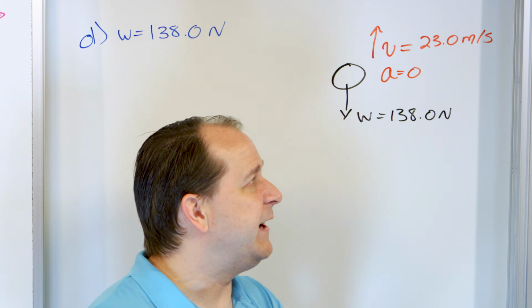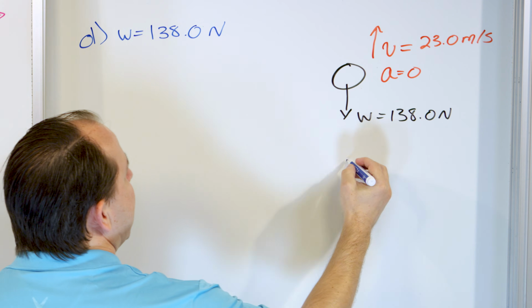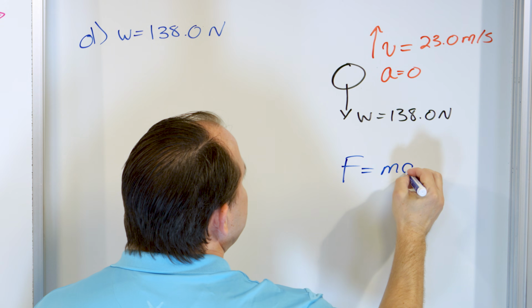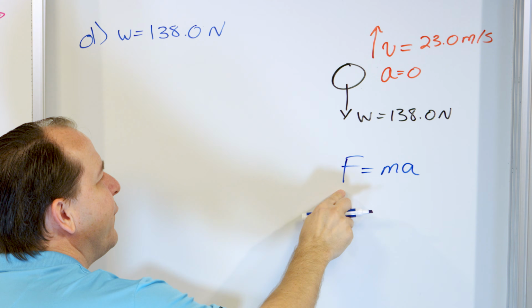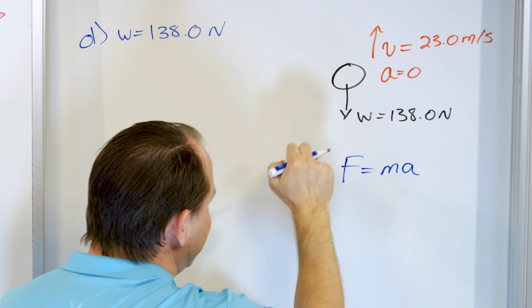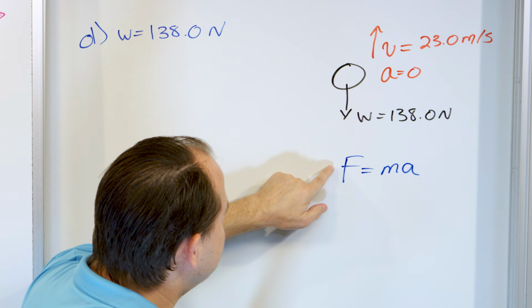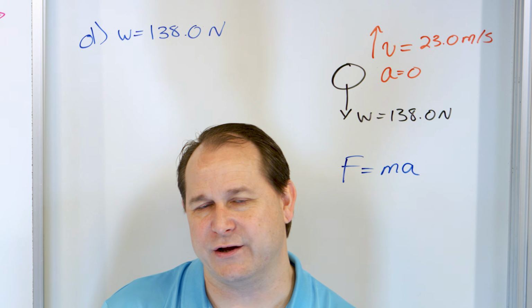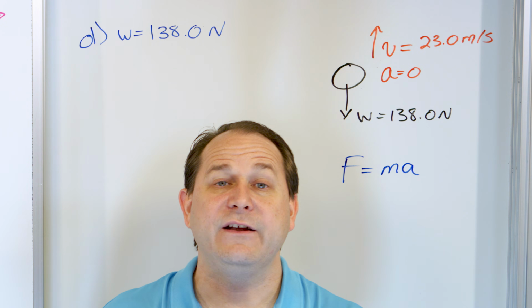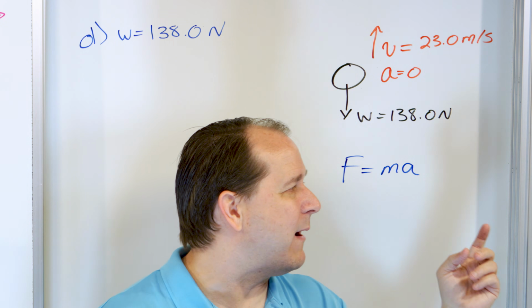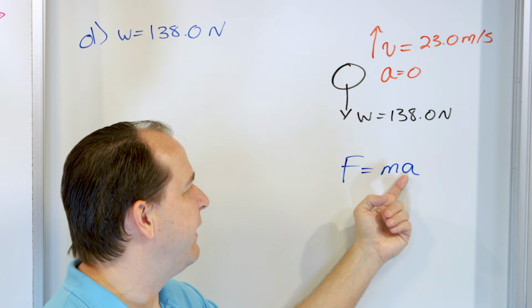So if there's no acceleration, we know from F equals ma that there has to be no force. But we have a force here, a force of gravity. But remember, this force in Newton's law, it's the net force acting on the object. So there has to be a total net force of 0 acting on this thing to make the acceleration 0.